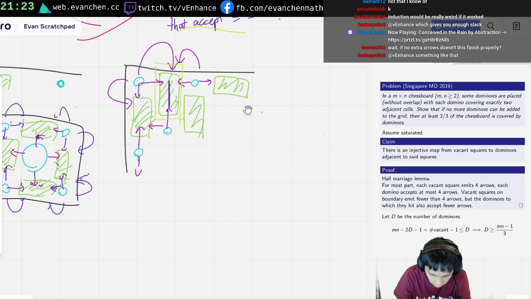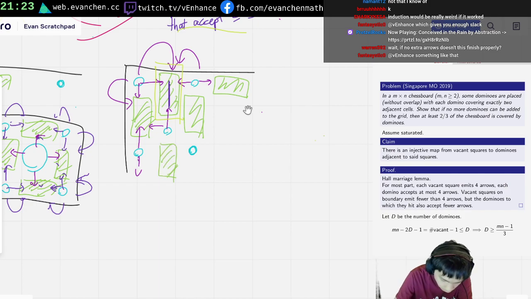If I have this shape, then I actually know what's up, right? Because this one must be red, and so this one must be purple.